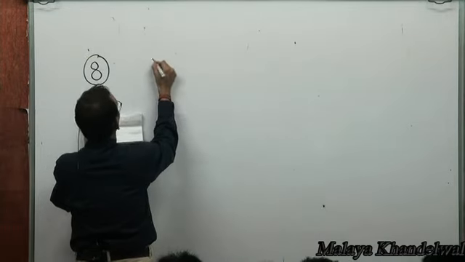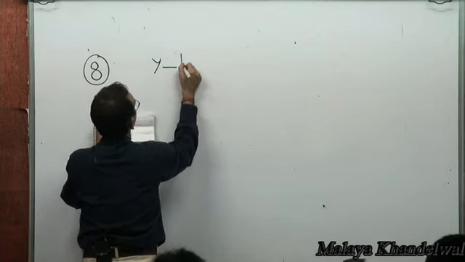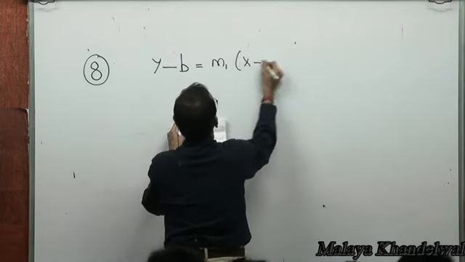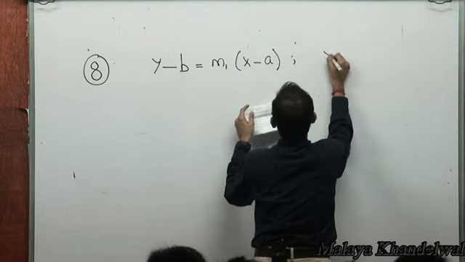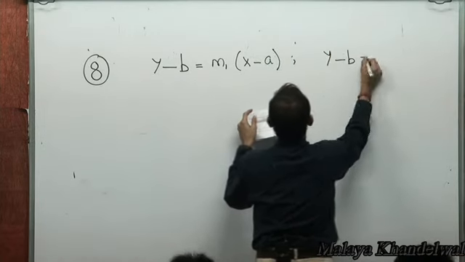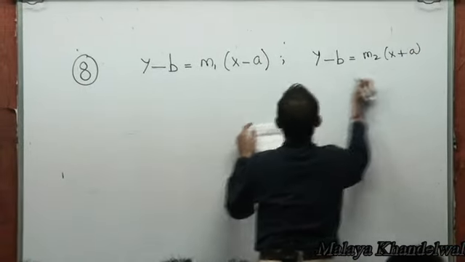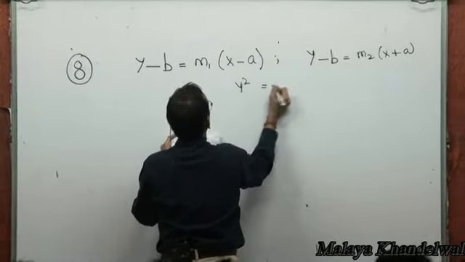See, in number 8, there are two lines given. One line is y minus b is m1 into x minus a. The other line given is y minus b is m2 into x plus a. And there is a parabola y squared equal to 4ax.